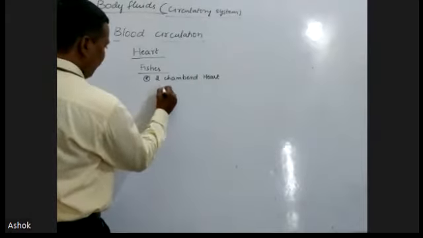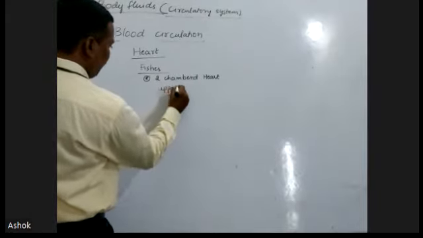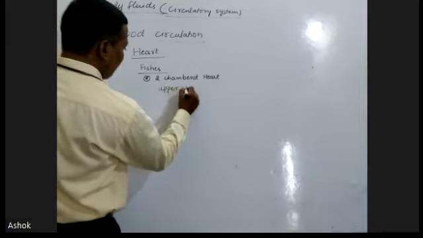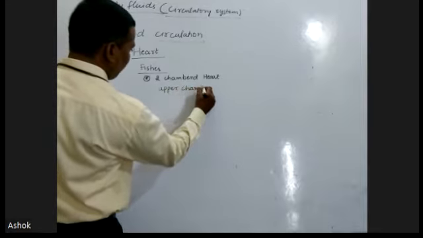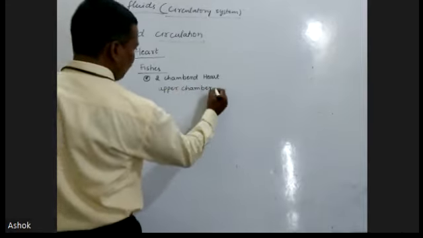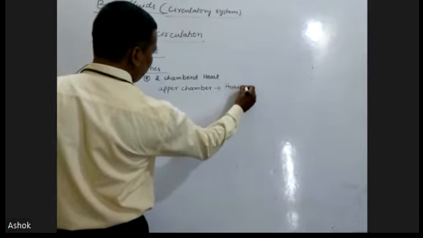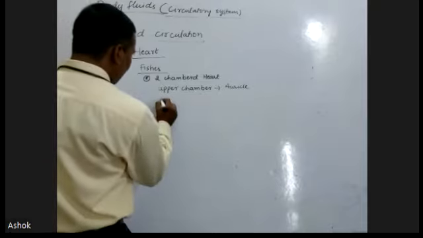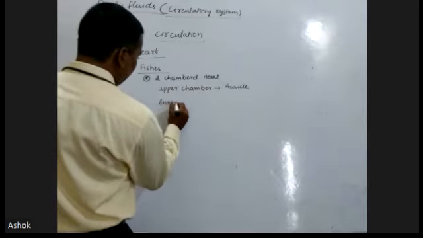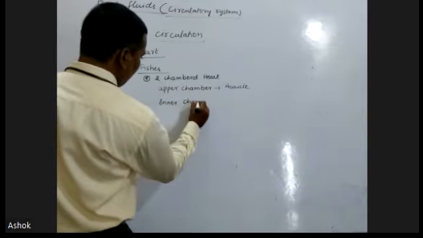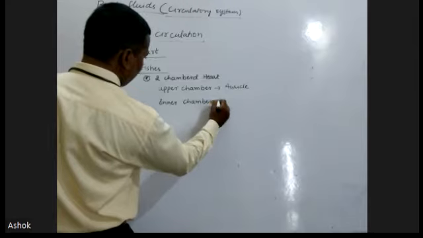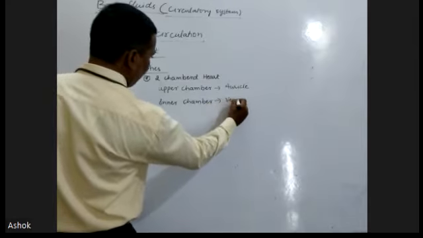The upper chamber is called the auricle or atrium, and the inner chamber is called the ventricle.